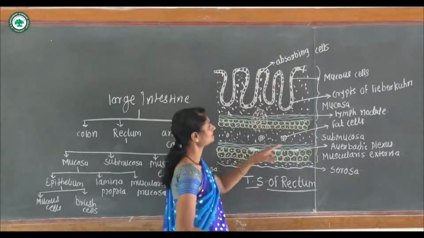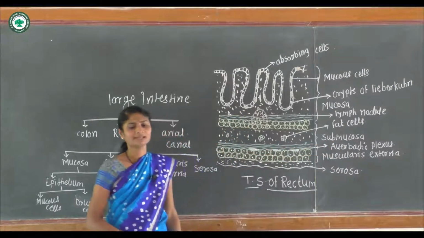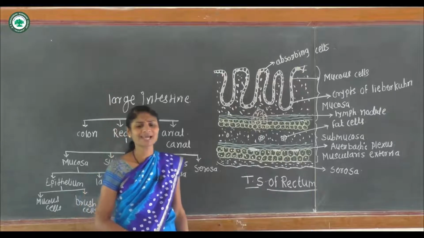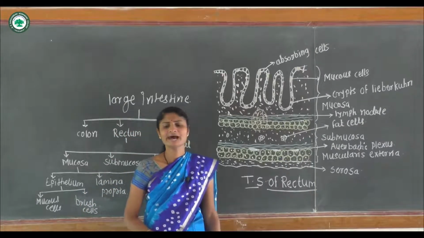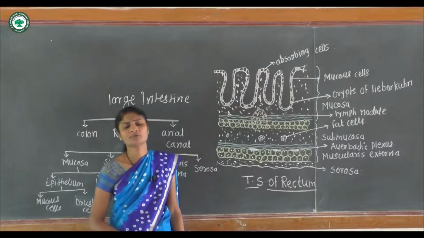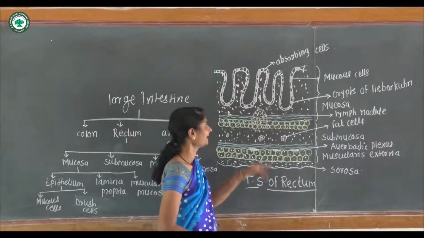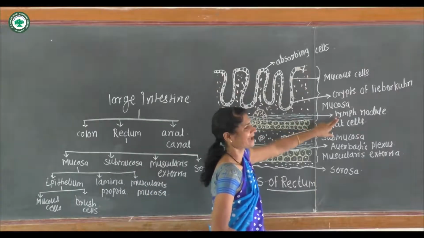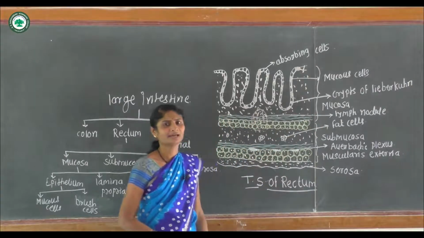Next layer is submucosa layer. This submucosa layer is loosely arranged connective tissue, containing large blood vessels, nerve fibers, and lymphatic tissues, and lymph nodules are also present in the submucosa layer.